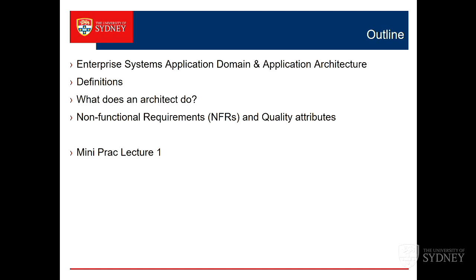The core things in today's lecture are talking about what software architecture means, what a software architect does, and the emphasis on non-functional requirements. The functional requirements are, when I push this button, I want this type of thing to happen.